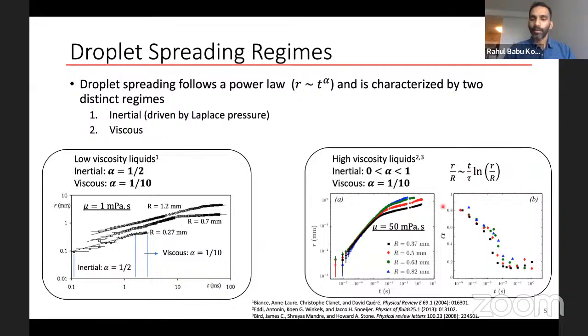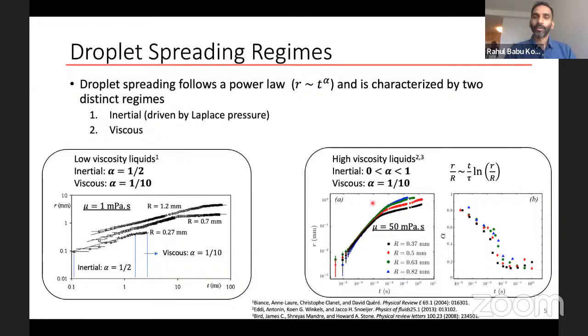But in experiments, what people have observed is that in the inertial regime, the spreading rate is not a constant. It varies between 0 and 1. And in the viscous regime, it again recovers the 1/10, or the 0.1 scaling given by Tanner's law.